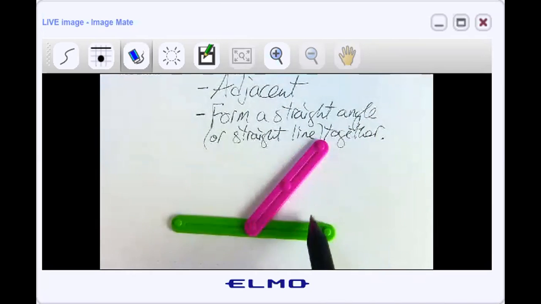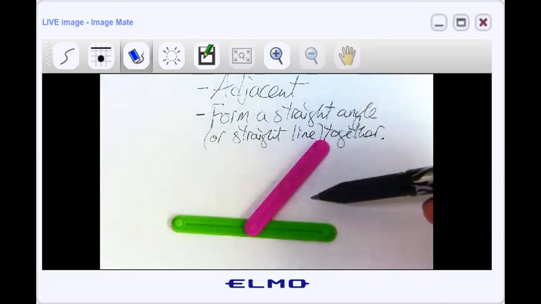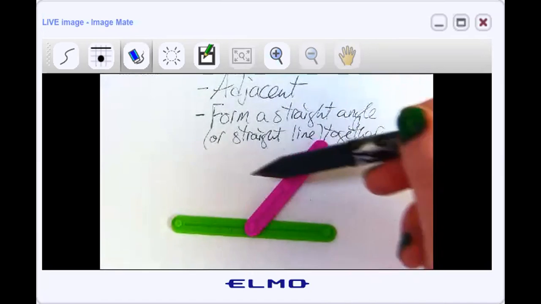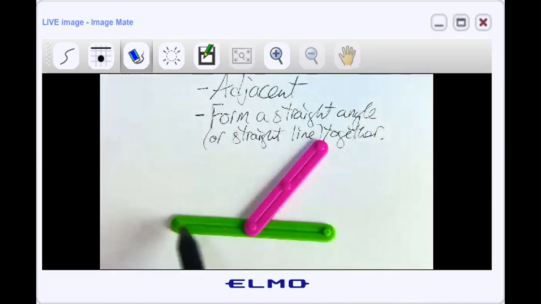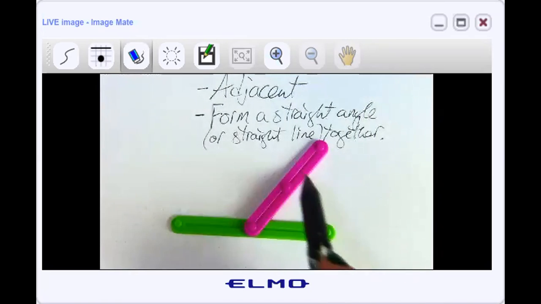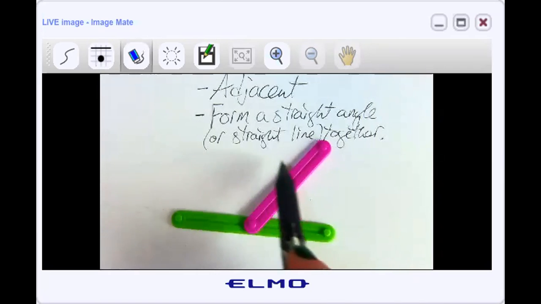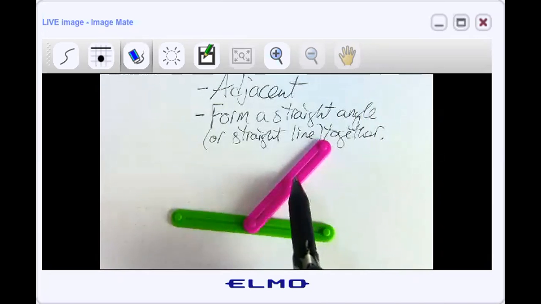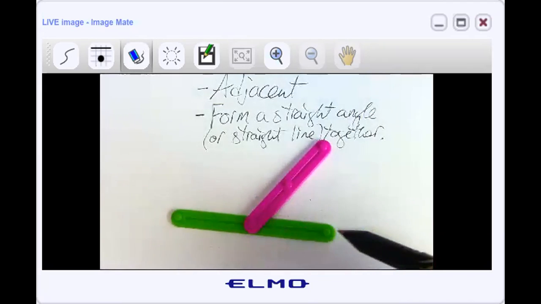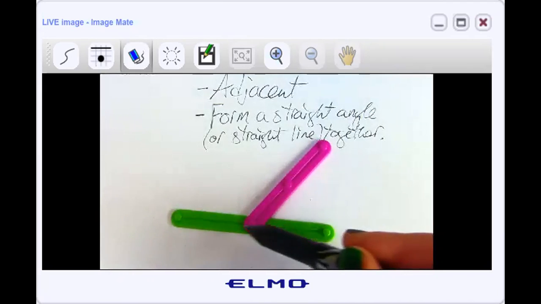I have one angle right here, and another angle right here. Together, they make a straight angle. So if I knew that this measured 60 degrees, for example, this would have to measure 120, right? Because a straight angle measures exactly 180. Gets me that half circle. I sometimes think about it like a rainbow. I have one angle and another angle. They are absolutely adjacent. They're next door neighbors. And together, they are making this straight line. They add up to be 180 together.